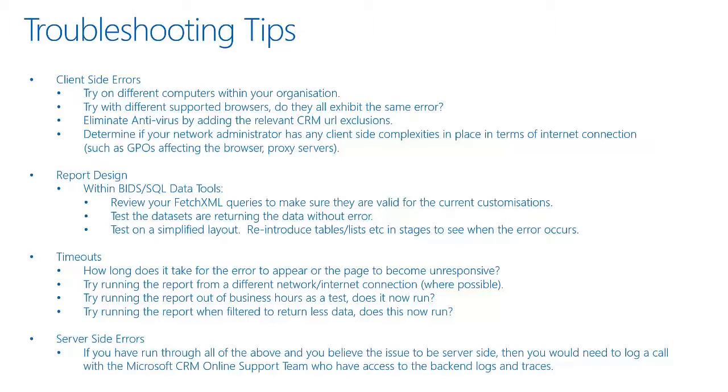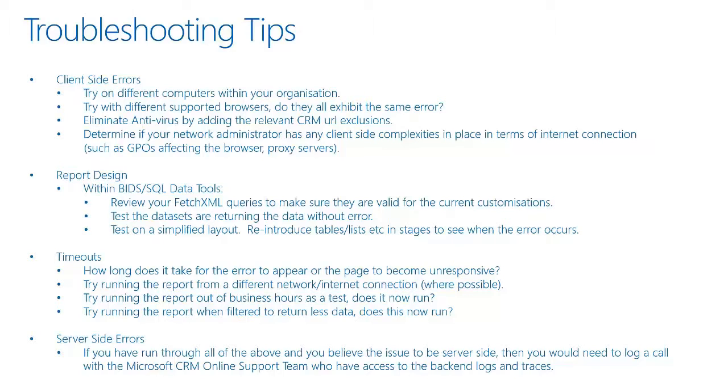So how do you connect to the internet? Is it through a proxy server, or does your network have some group policies that restrict you performing certain actions or restrict certain traffic? That is something you can discuss with your internal IT department just to cover off that area.